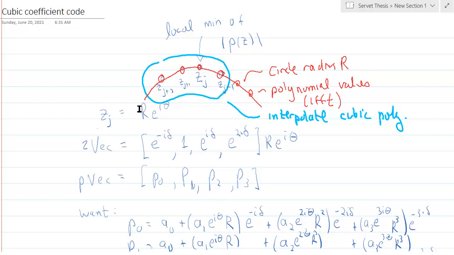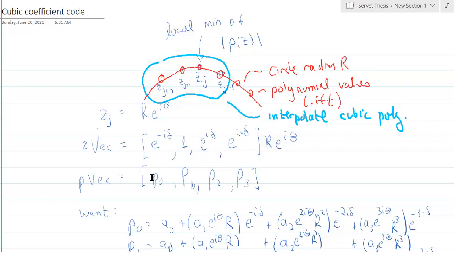You see, to get Zj minus 1, I take Zj and multiply by e to the minus i delta, because I'm rotating clockwise by delta. Similarly, to get Zj plus 1, I multiply Zj by e to the i delta, because I'm rotating counterclockwise by delta. Here I'm rotating by 2 delta. So that gives me this vector zvec.